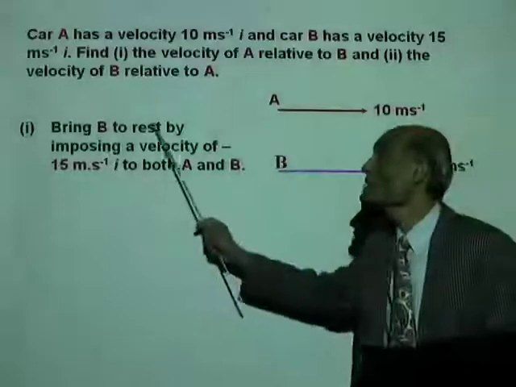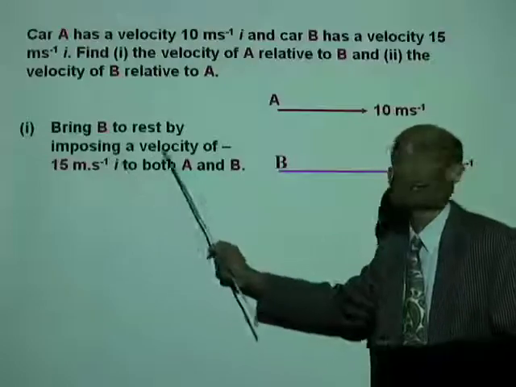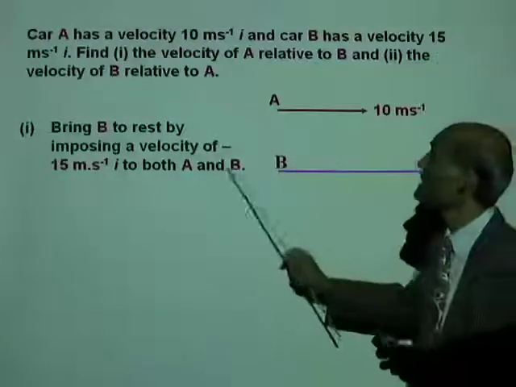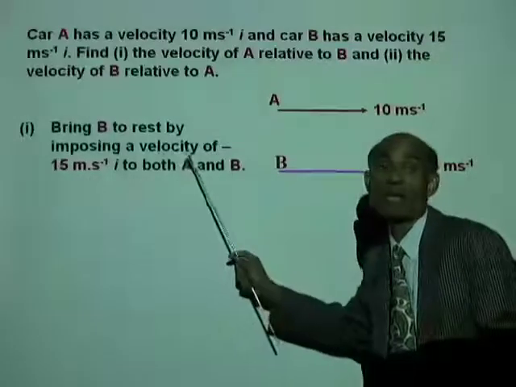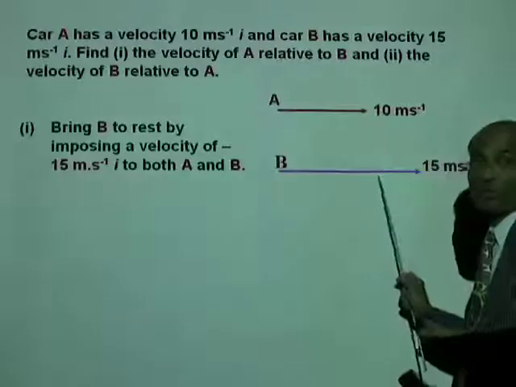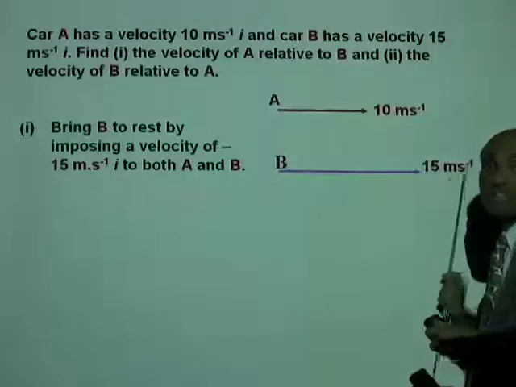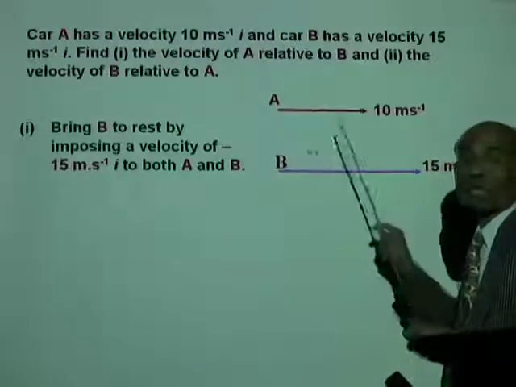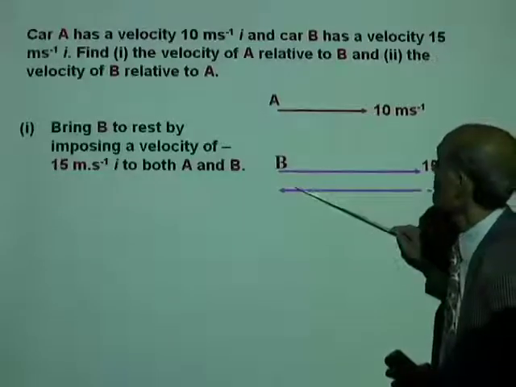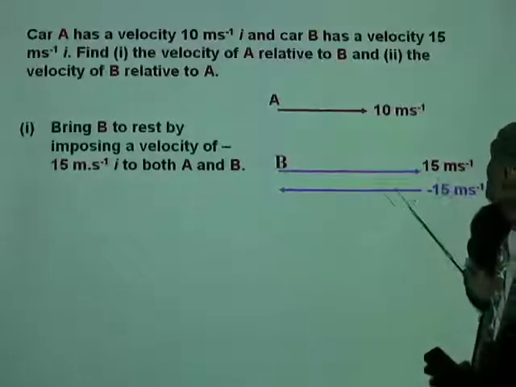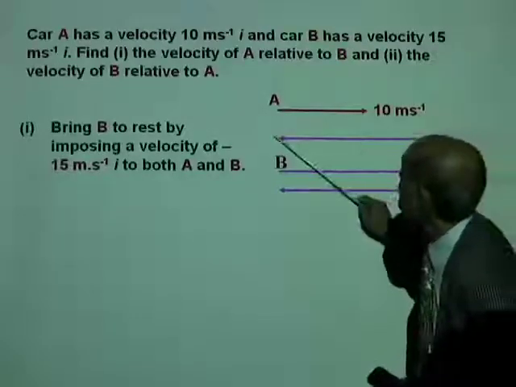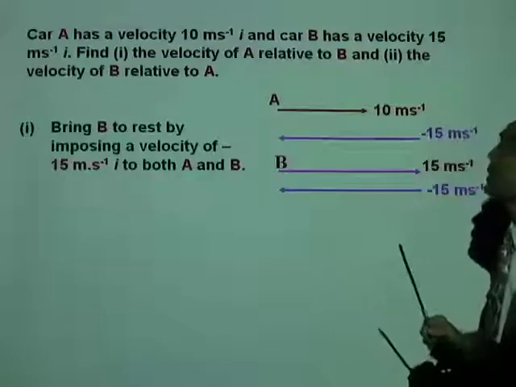So bring B to rest by imposing a velocity of negative 15 meters per second i to both A and B. So impose the negative of the velocity of B on both A and B: negative 15 meters per second on B and negative 15 meters per second on A.